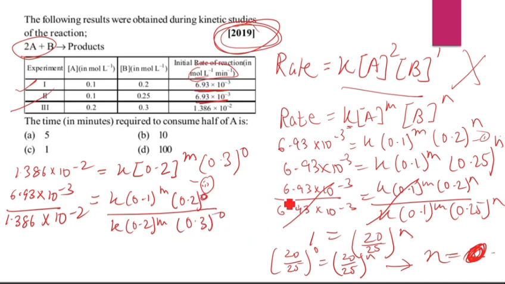So see, this 1 is cancelled, this is also cancelled, so 10 to the power minus 1 will remain.